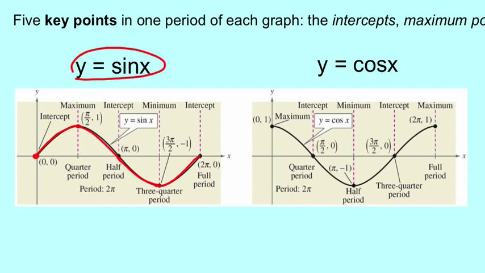The difference with the cosine function, all it is just a shift of pi over 2. So we start here. Notice this pi over 2 is just a shift, and then we go down, middle, and then back up.